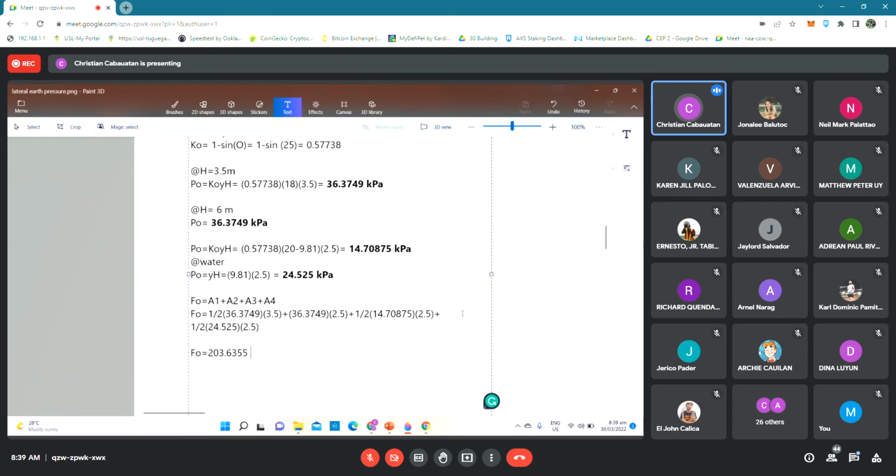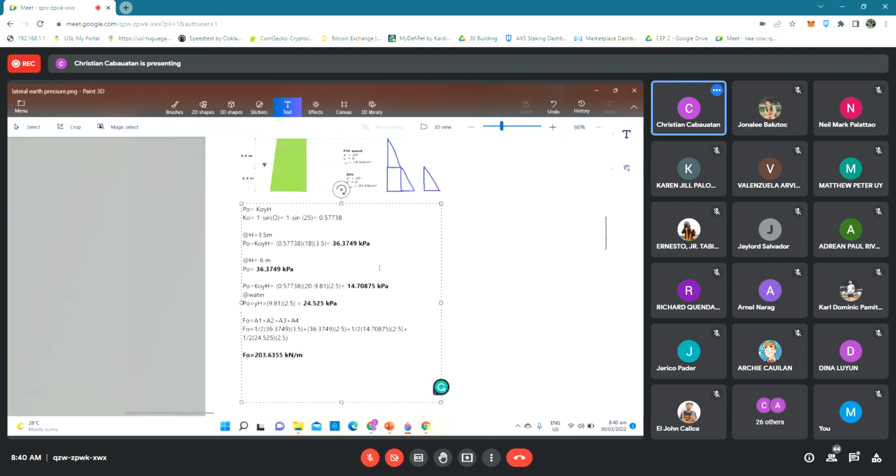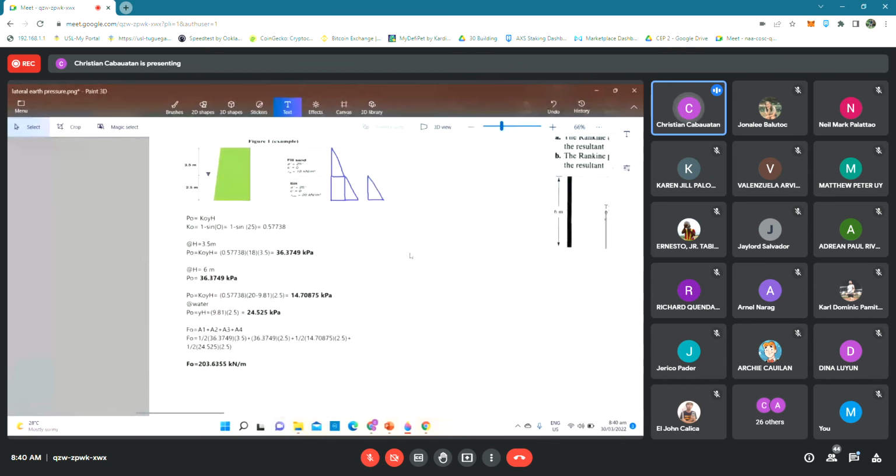Your PO is kilonewton per meter squared times the height, which is meter. Therefore, it is in kilonewton per meter. Tama ba? Yes, sir. So, this would be your value for FO.